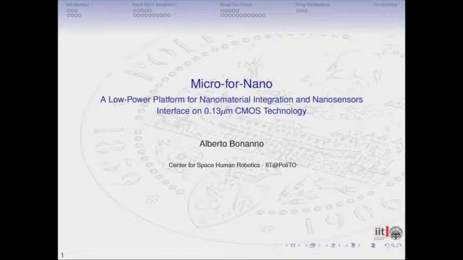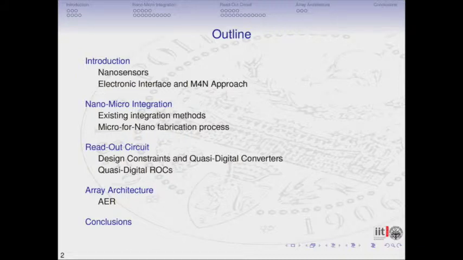In this presentation, I will talk to you about the Micro-4-Nano project that deals with nanotechnology merged with microelectronics. I will give you, at the beginning, an overview about nanosensors and the general Micro-4-Nano approach.